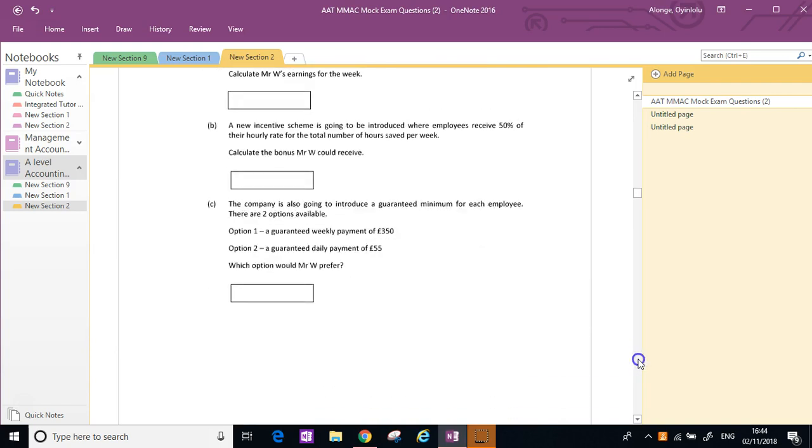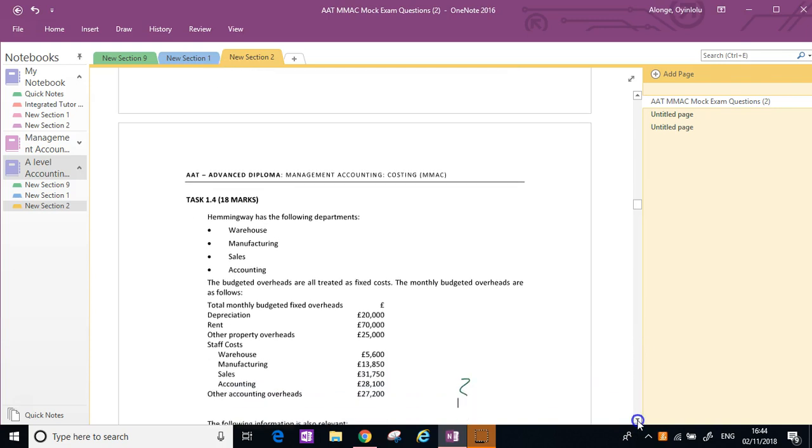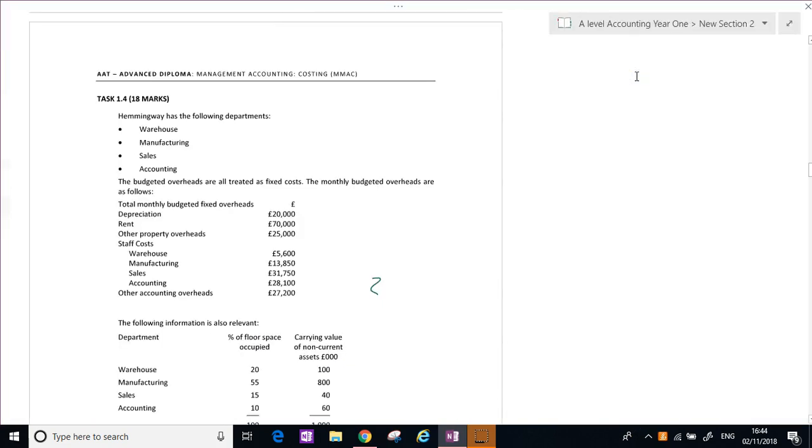Okay, great. So task 1.4, we have this scenario that says you have this business called Hemingway with the following departments: warehouse, manufacturing, sales, and accounting. So these are the departments for now.